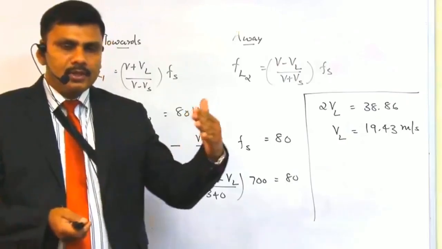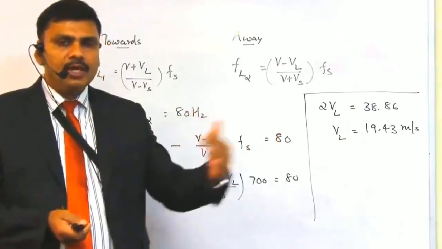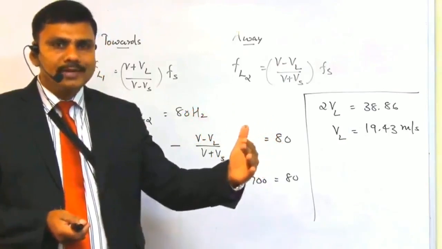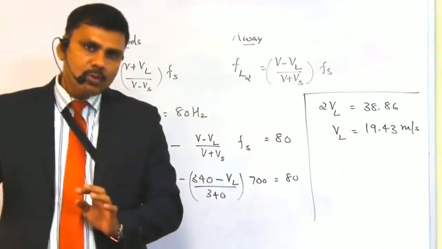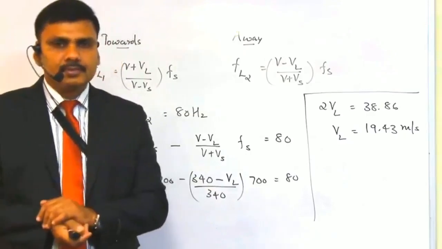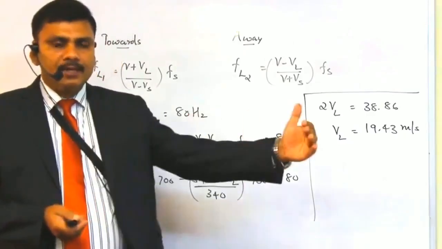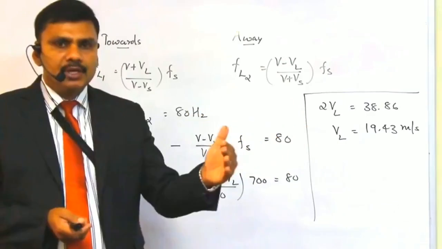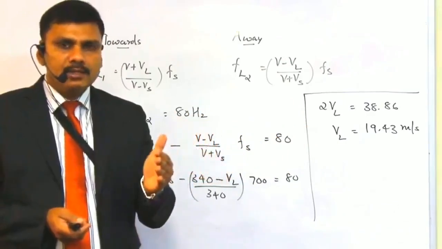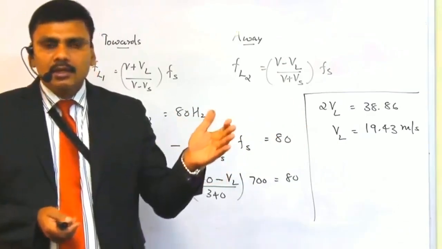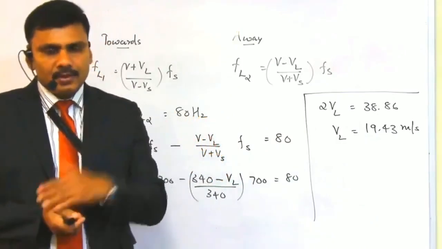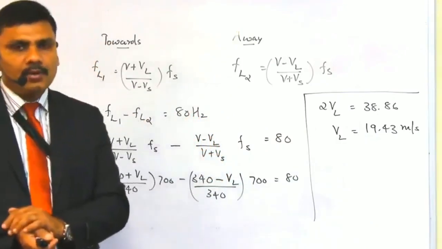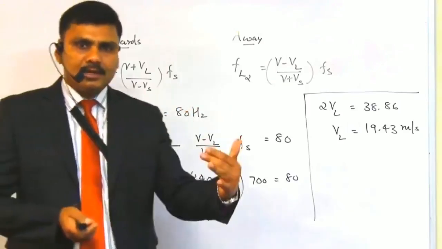The car is moving at a constant speed towards the ambulance and then moves away from the ambulance. From that question, you have to calculate the speed of the car.